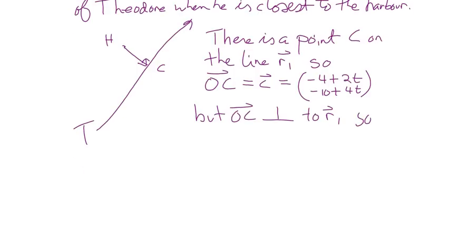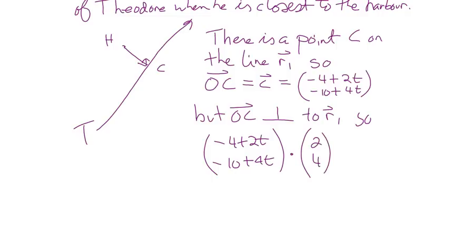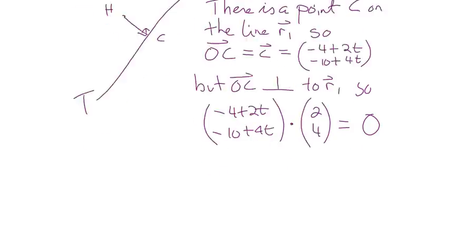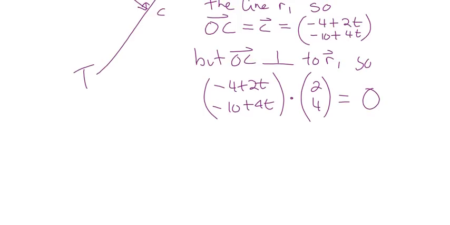Shift things down a titch. That means that -4 plus 2t and -10 plus 4t dotted with the direction vector of R1, which is 2, 4, must equal 0, because perpendicular, right, dot product, and the perpendicular is equal to 0. Which means, what?